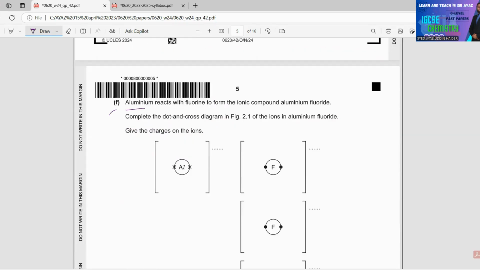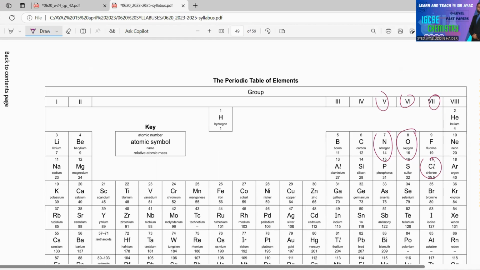Part F, aluminum reacts with fluorine to form the ionic compound aluminum fluoride. Complete the dot and cross diagram in figure 2.1 of the ions in aluminum fluoride. Give the charges on the ions. So first of all, we need to complete the dot and cross diagram of the ions in aluminum fluoride. So aluminum, where's aluminum? Here's aluminum, it's in group 3.